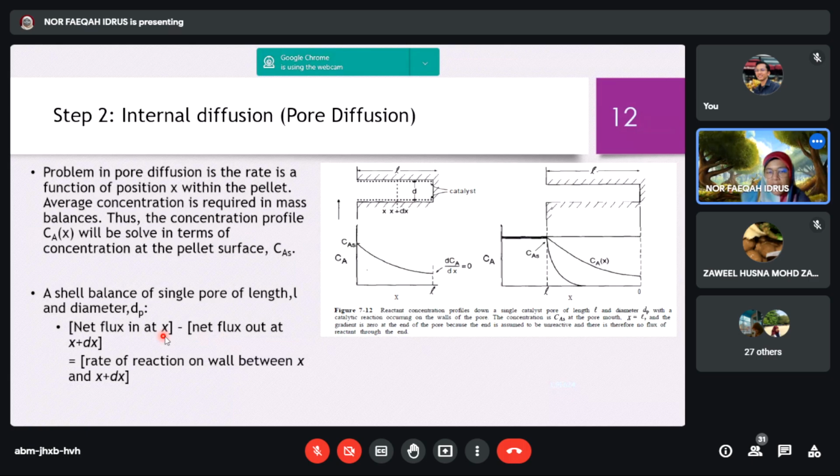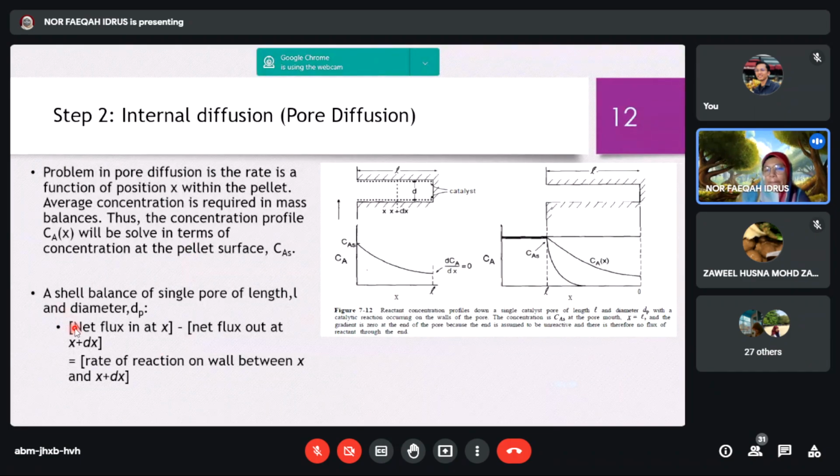Okay, net flux in at x position minus net flux out at the x plus dx position, and that is equal to rate of reaction on wall between x and x plus dx. And actually this equation, if we replace it with the equation yang ada k and CA, CAS tu semua, you need to solve the integration and then ada differentiation, so it becomes complex.